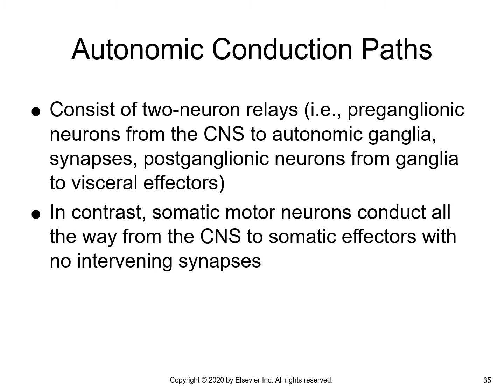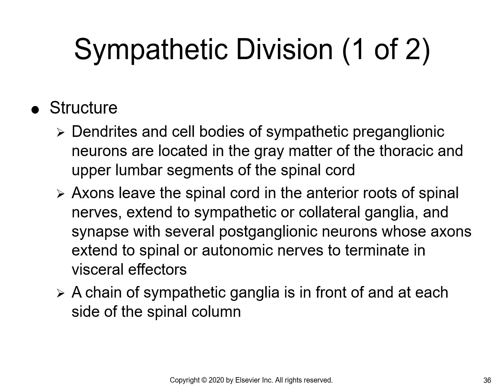In contrast, somatic motor neurons conduct all the way from the central nervous system to somatic effectors with no intervening synapses. So let's start with the sympathetic division. There's the sympathetic division and the parasympathetic division. So let's talk about the sympathetic first.